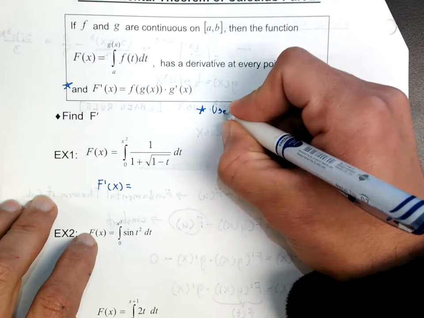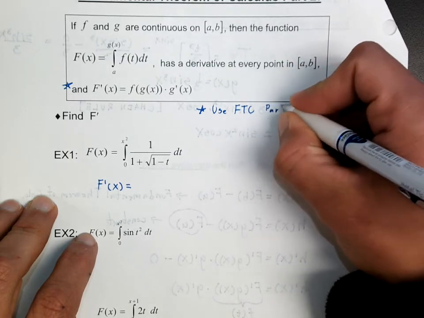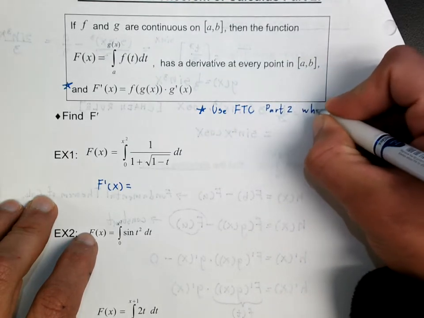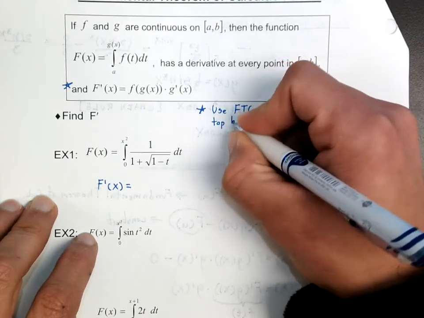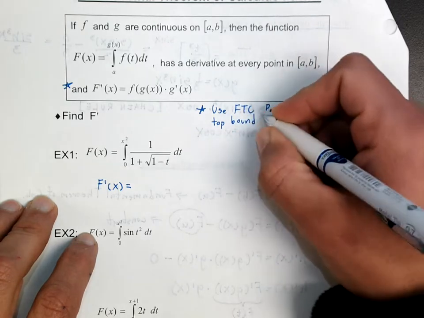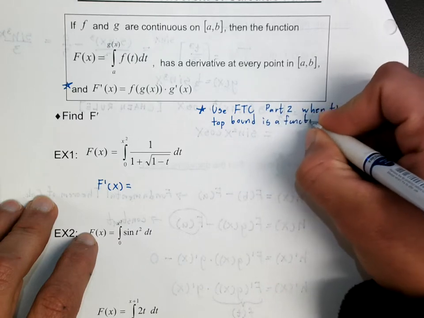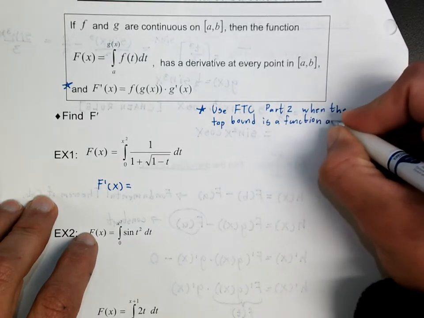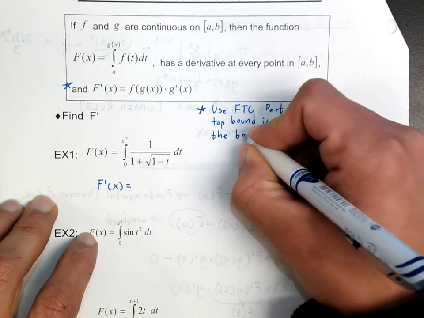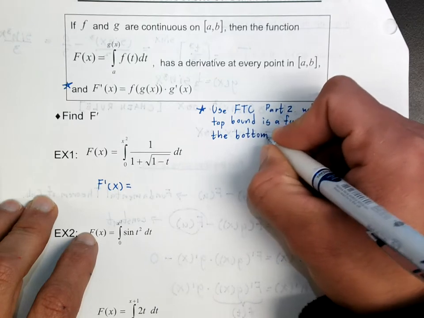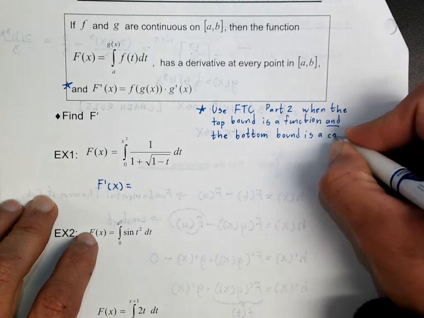We're going to use the fundamental theorem of calculus, part 2, when the top bound is a function, and the bottom bound is a constant.